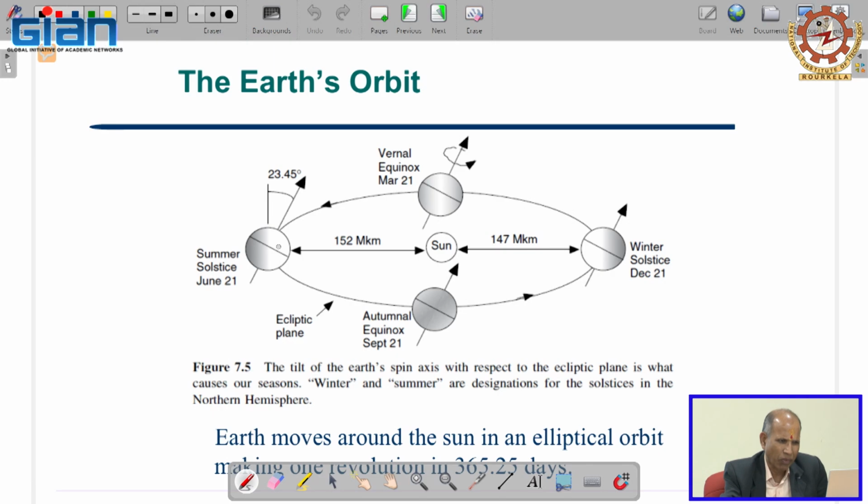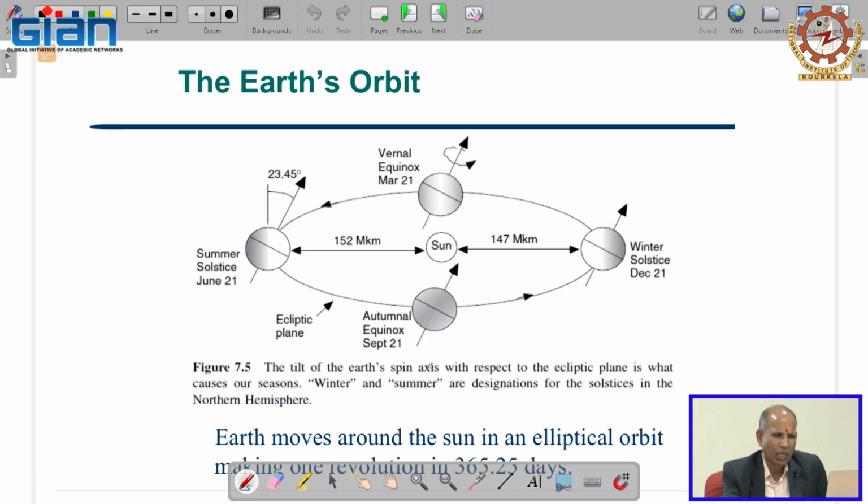When we have the summer solstice, June 21st, this distance is 152 million kilometers. Okay. Then on the vernal equinox, March 21st, and here it is the autumnal equinox, September 21st. Okay.